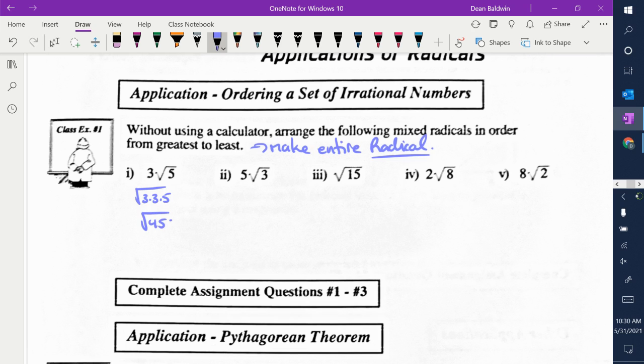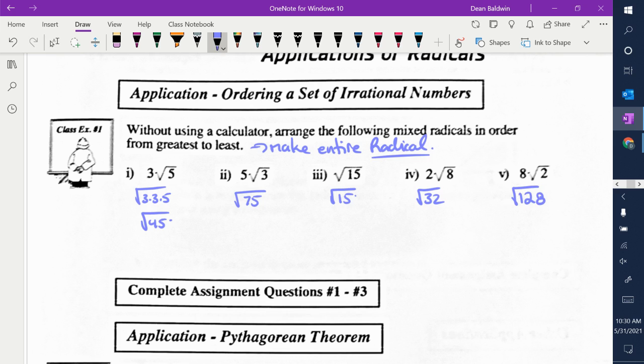What's the second one become? 75. 3 is already an entire radical, so you don't do anything with that. 4 becomes 32. And the last one, I put 2 8's, which is 64, times 2 is 128.